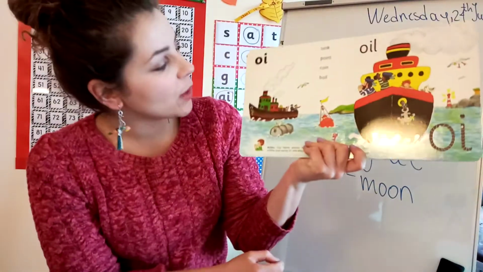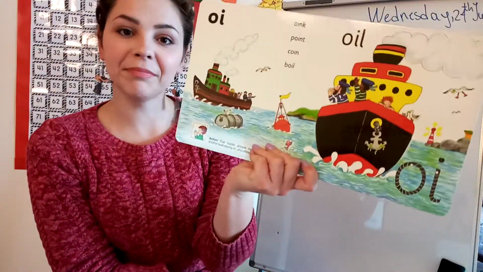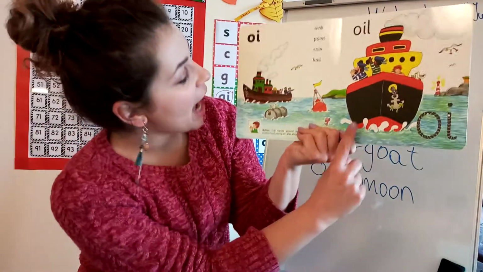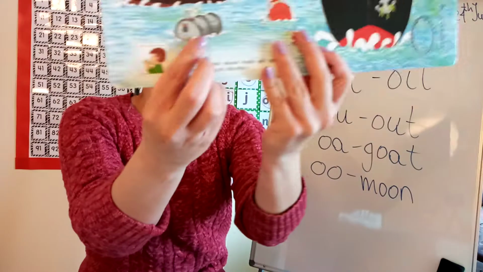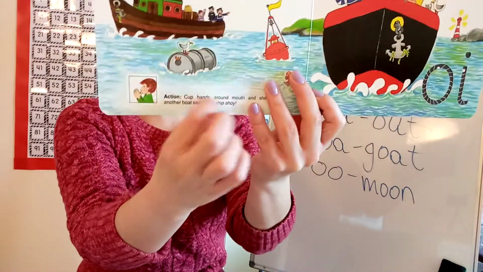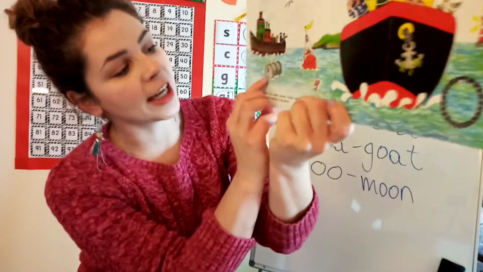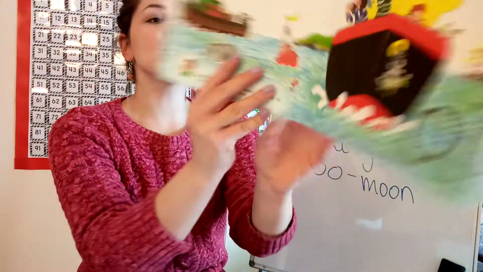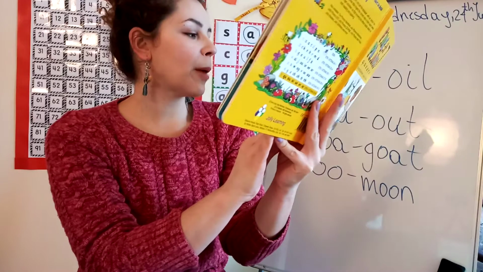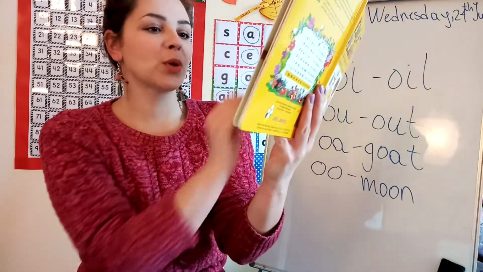So let's see what we have here. What pictures do we have here? Here we have a big ship, another one here, and look at this barrel. This barrel here has a word on it, and the word is oil, yeah? It's a barrel of oil traveling probably from one ship to another.